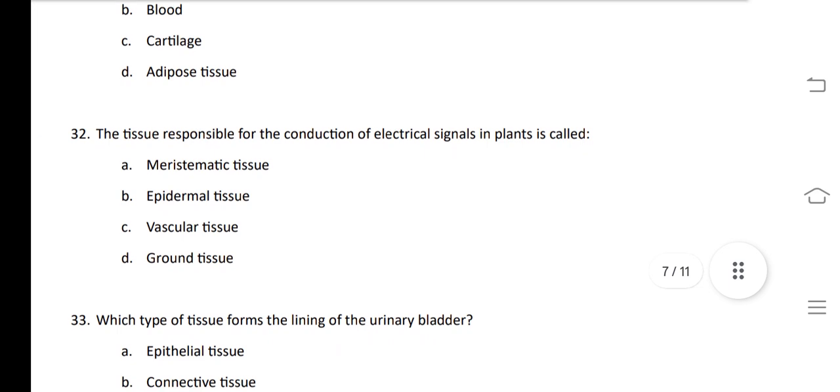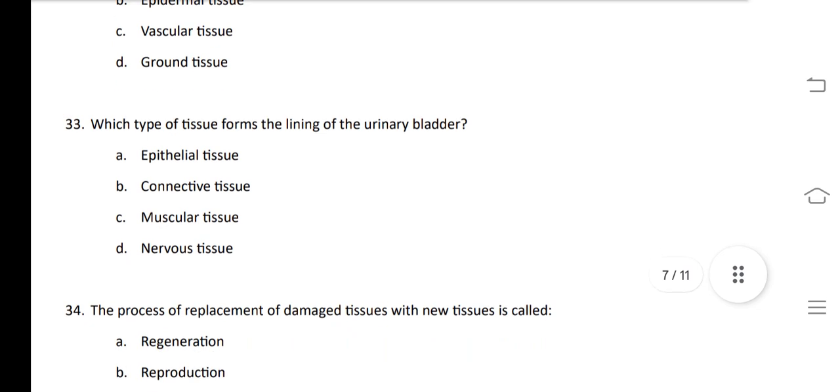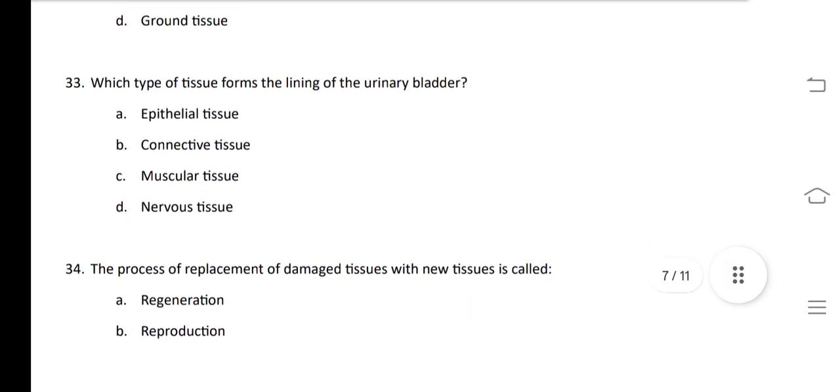Our next question is, the tissue responsible for the conduction of electrical signals in the plant is called vascular tissue. Our next question is, which type of tissue forms the lining of urinary bladder? That is muscular tissue. Firstly, we have to understand the function of urinary bladder.